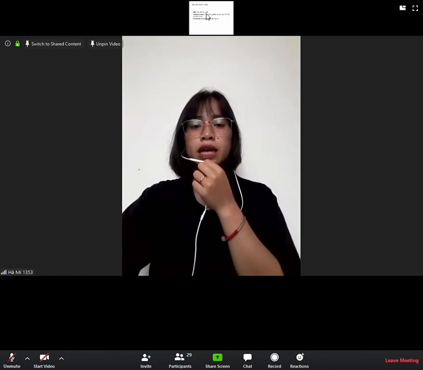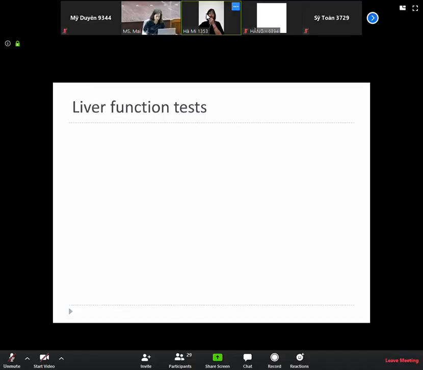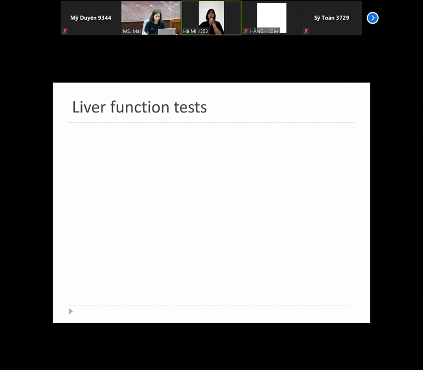So lastly, the third test I will present is the liver function test. Liver function tests are blood tests used to help diagnose and monitor liver disease or damage. The test measures the level of certain enzymes and proteins in your blood.